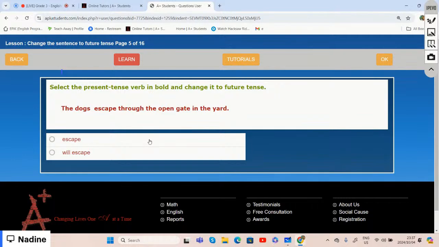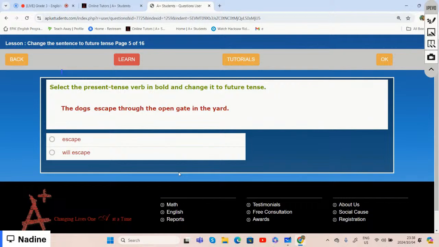All right, so we can say the dogs escape through the open gate in the yard. We need to now write that in the future tense. Do we say the dogs escape, or do we say the dogs will escape?